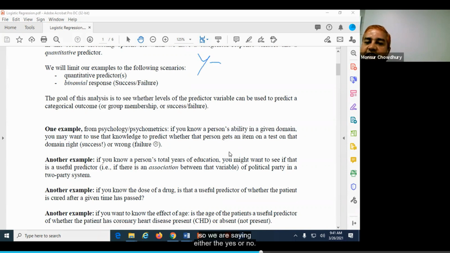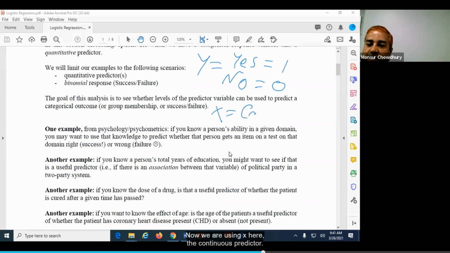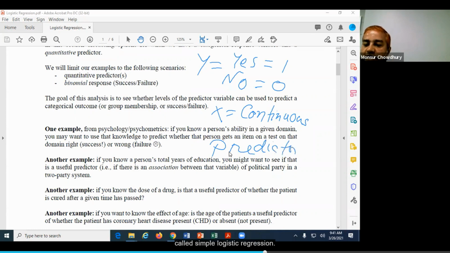So we are saying either yes or no. We can say yes is 1, no is 0. Now we are using X here, the continuous predictor. So we are just considering one predictor. If we consider one predictor, this is called simple logistic regression.